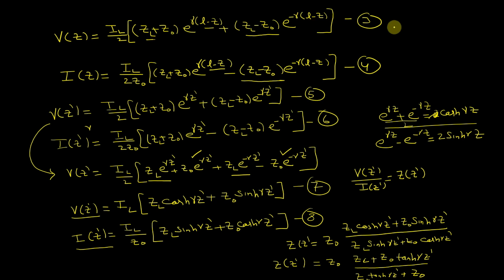So we can rewrite this equation, this Vz is equal to what? That will be Z naught plus Z naught, 2Z naught, and this 2 will be cancelled out.